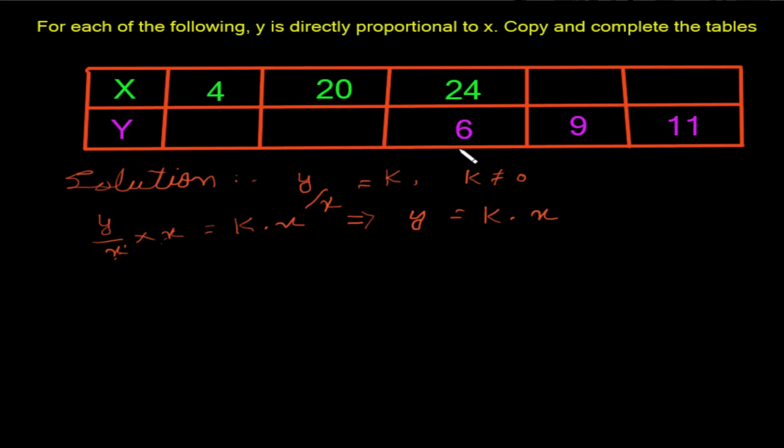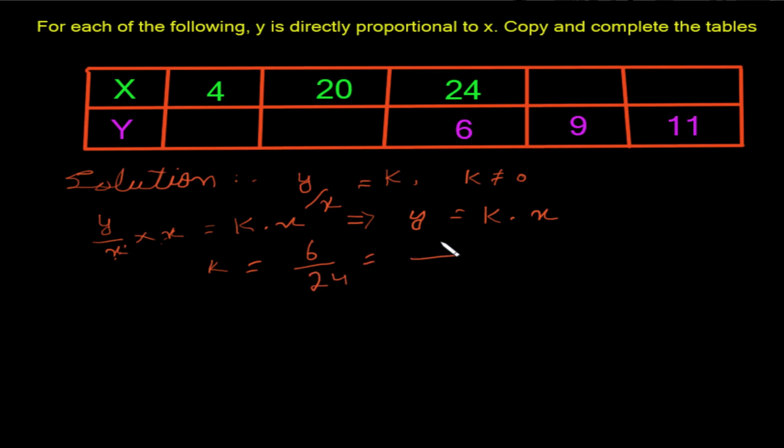Okay, so I will use this information to find out the value of k. So putting this y is equal to 6 and x is equal to 24, to know k: k is equal to y has a value of 6 and x has a value of 24.